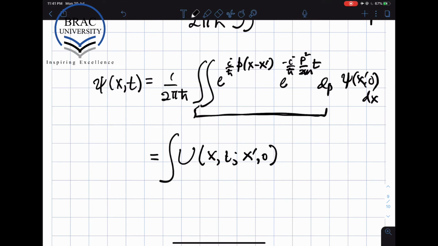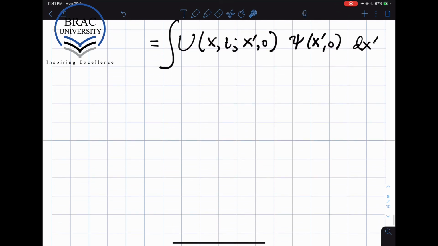So the solution at earlier time was ψ(x',0), and the later time is ψ(x,t). And what it does is it integrates this earlier solution over all of space, and it gives you the solution at a later time in all of space.